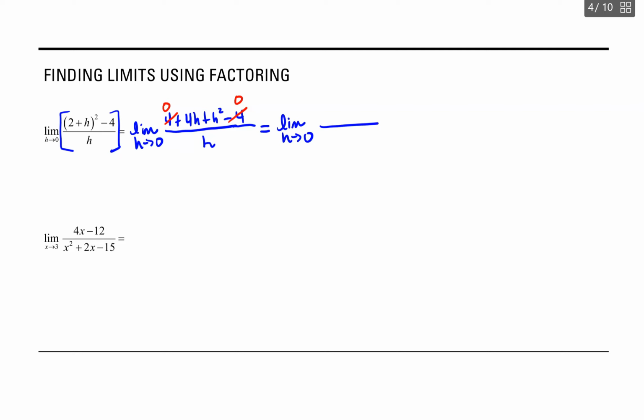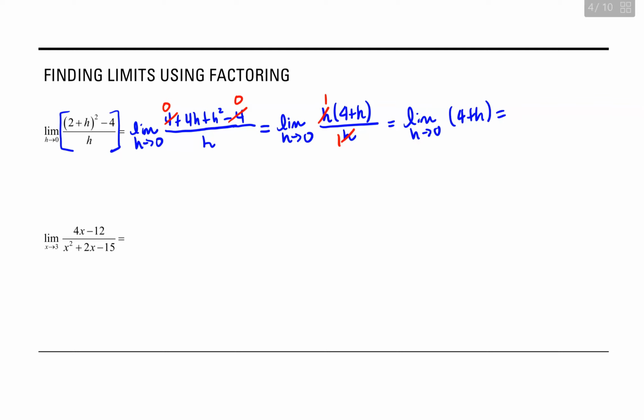Now as we continue on, my denominator's h. In my two remaining terms, 4h plus h squared, I have a common factor of h. So I will factor that out, and that leaves me with 4 plus h. Now I see that I have a common factor in my numerator and denominator of h, so I can divide those out, leaving me with the question of how the function 4 plus h behaves as h approaches 0.